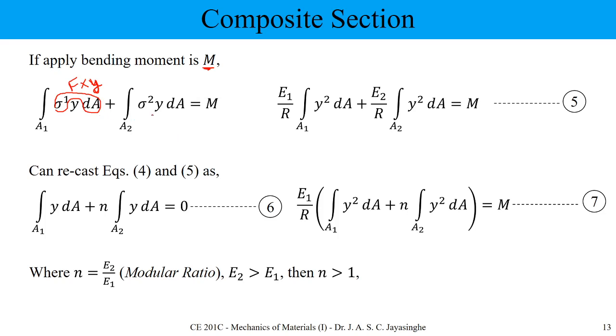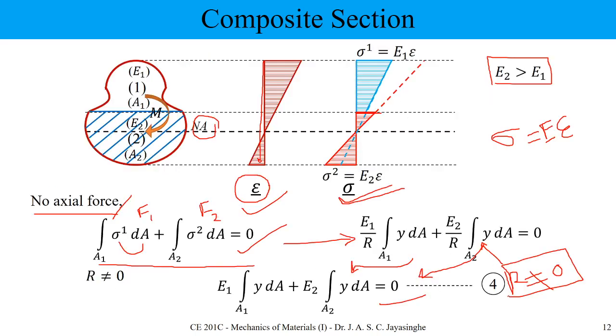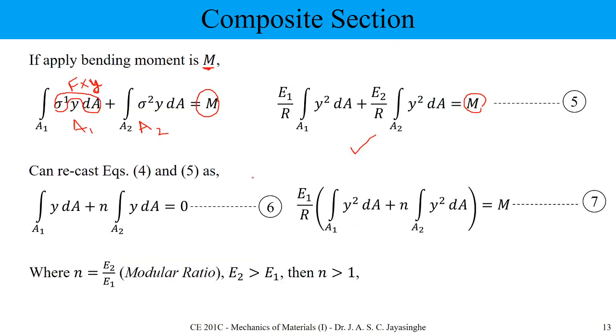So for section 1 it is A1, for section 2 it is A2, and the sum should be equal to the section moment M. After that, again in the same way, you can substitute sigma 1 and sigma 2 and you will end up with this. Of course here you cannot remove R, because this is M equal to M. And now we can recast equation 4, this one, and equation 5.